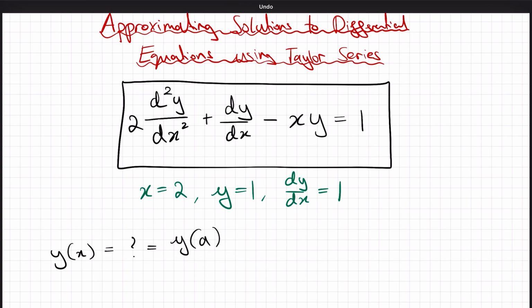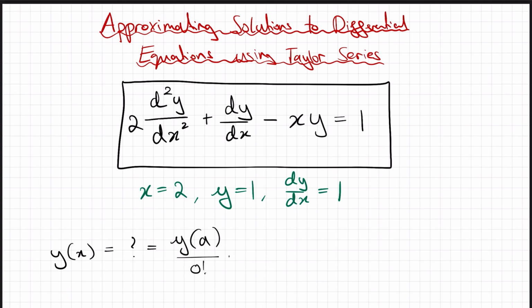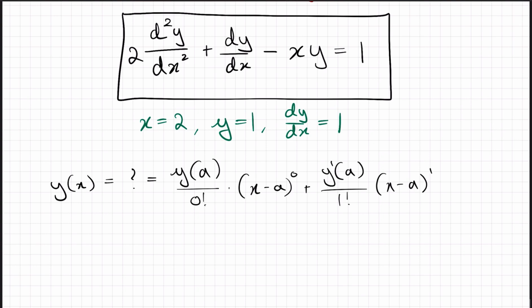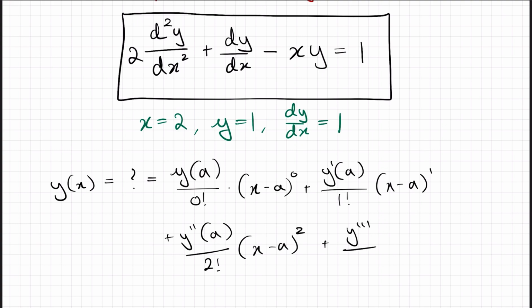over 0 factorial multiplied by x minus a to the 0, plus y dash of a over 1 factorial multiplied by x minus a to the 1, plus y double dash of a, so the second derivative of y evaluated at a, over 2 factorial multiplied by x minus a to the 2, plus y triple dash of a over 3 factorial multiplied by x minus a to the 3, on and on.